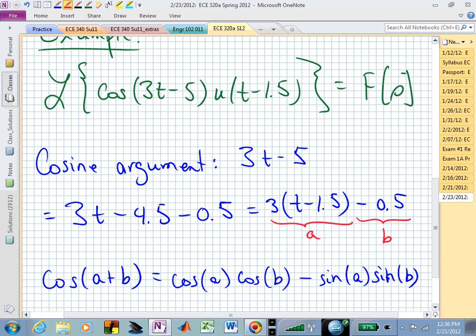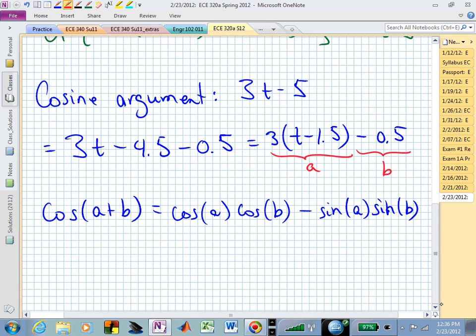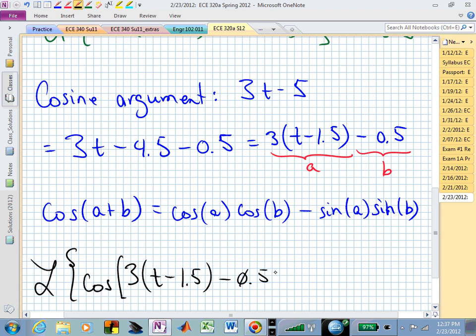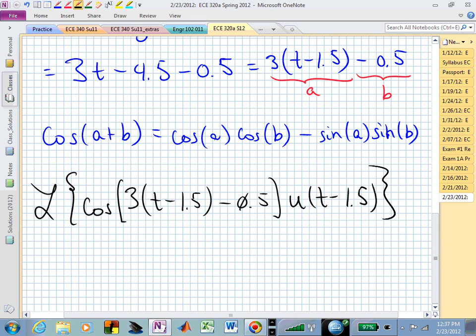Now I want to Laplace transform cosine of 3(t − 1.5) − 0.5, switched on at 1.5.